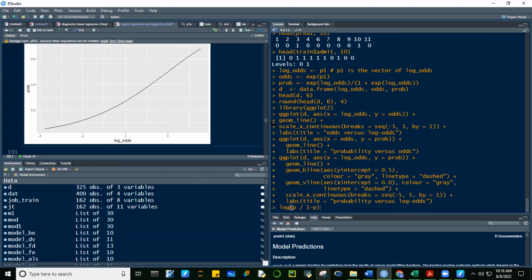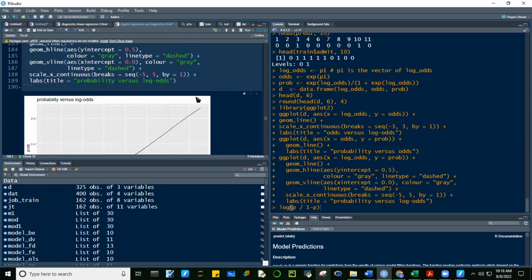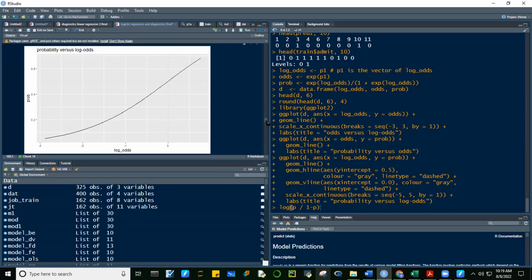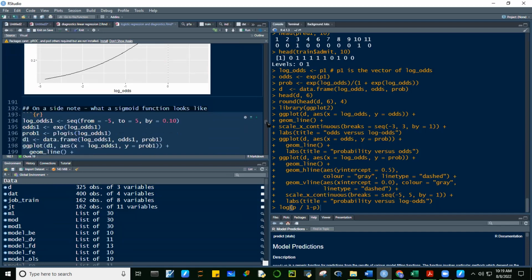So ito naman yung relationship ni log odds at saka ni probability. So habang nag-i-increase si log odds, si probability also increases. So the higher the log odds ratio, the higher is the probability.